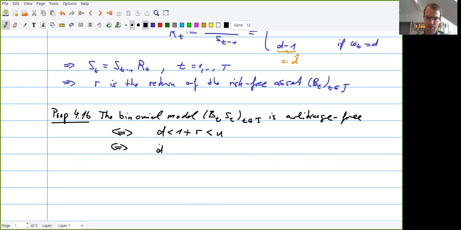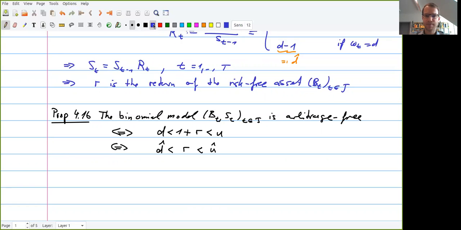This means the return if we go downwards has to be less than the return from the interest rate, which has to be less than the return from the upward move.